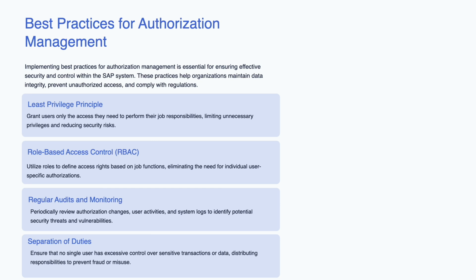These are the few key steps which we can follow for authorization management. Least privilege principle: the least privilege principle dictates that users should only have the access necessary to perform their job functions, reducing the risk of security breaches by limiting unnecessary privileges.